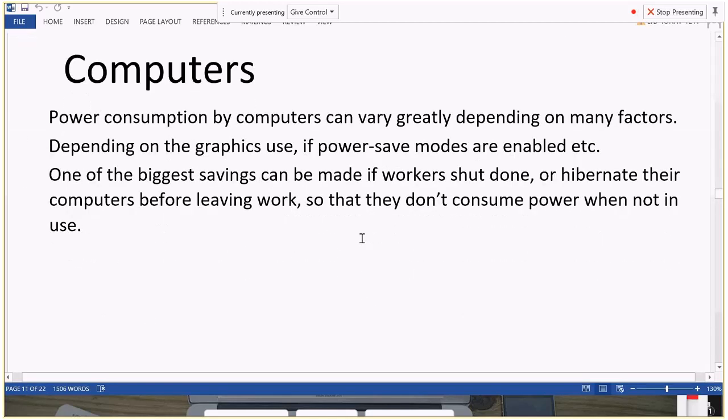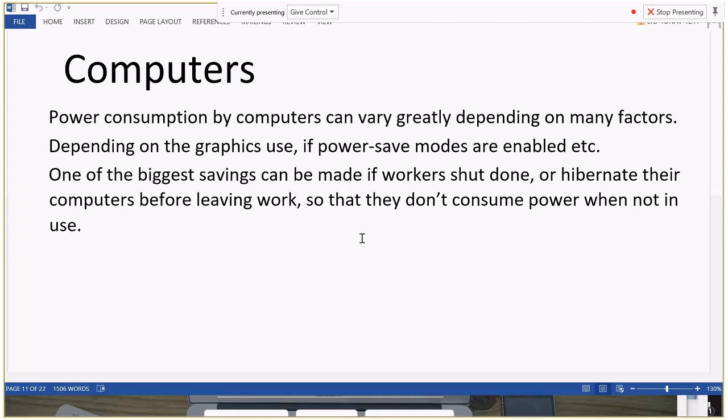Also, part of that is occupant behaviour. If I shut down my computer or put it to sleep when I go to lunch, I'll be saving a little bit of electricity in the process. Or if I spend all day gaming, I'm going to use a lot more electricity than if I'm just reading emails, for example.